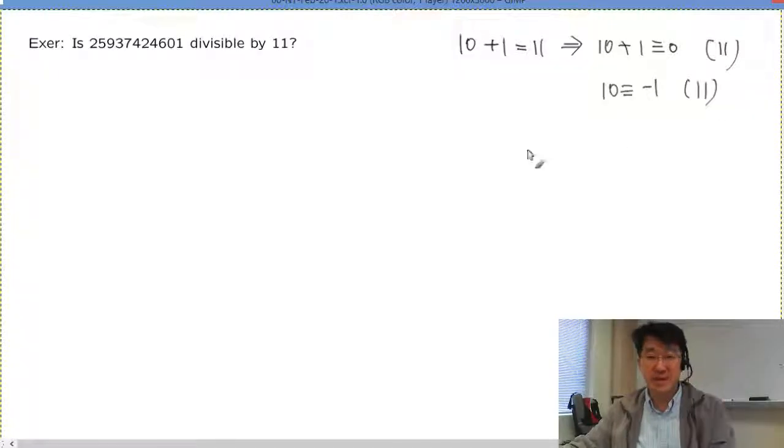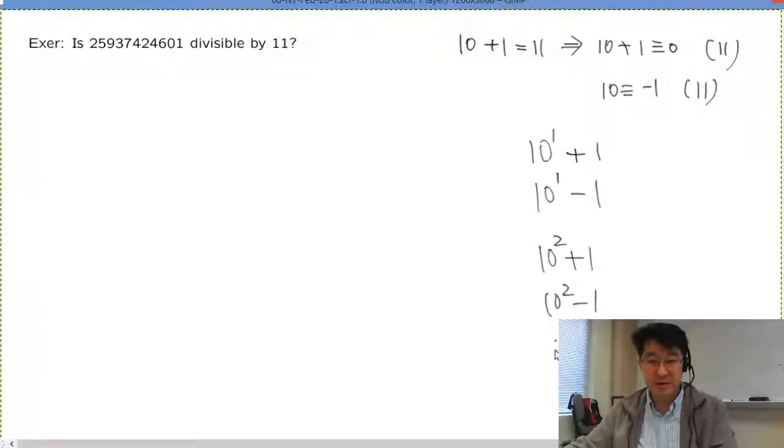We're playing with the 10 to the first, this is a rule. We're going to play with this number. We're going to play with that number. And then we're going to play with this number.